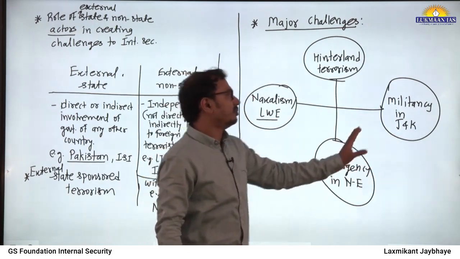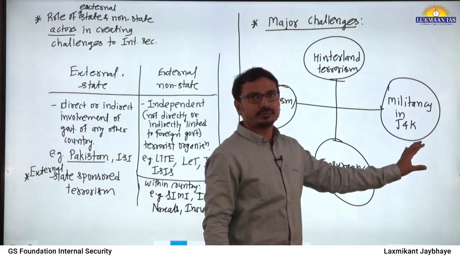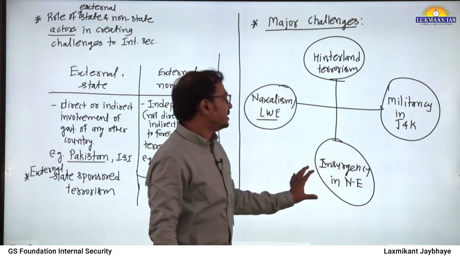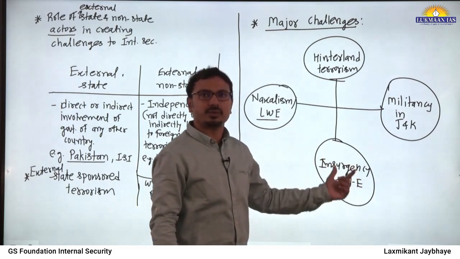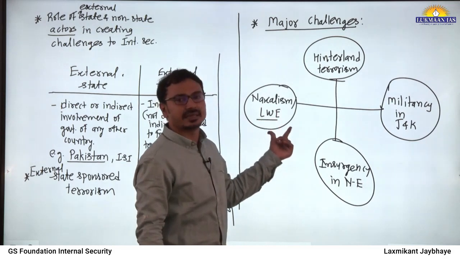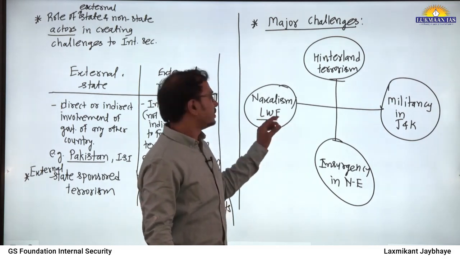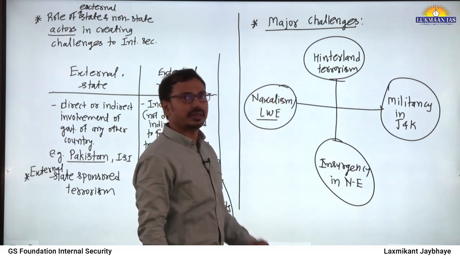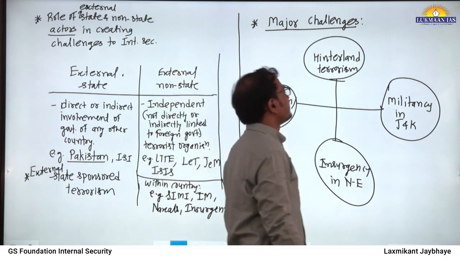Like for example, militancy in Jammu and Kashmir, it is specific to Jammu and Kashmir. Here, insurgency in northeast, in some of the northeastern states, and here in some of the eastern states of India. Okay, so left wing extremism is the major area, we can say that, red corridor.